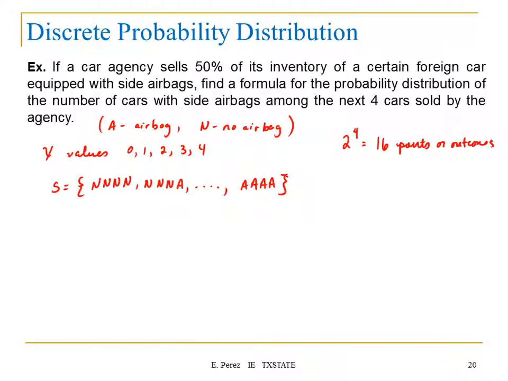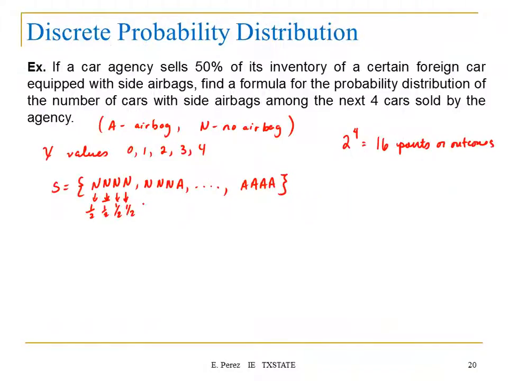The other thing that you need to see from the problem is that 50% of the cars are equipped with airbags. So each item has a probability of 1/2 of having an airbag, and 1/2 of not having one.